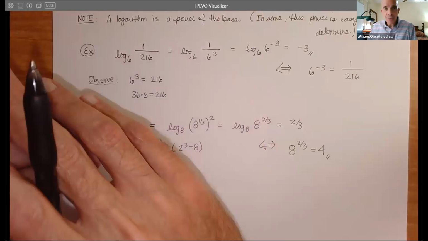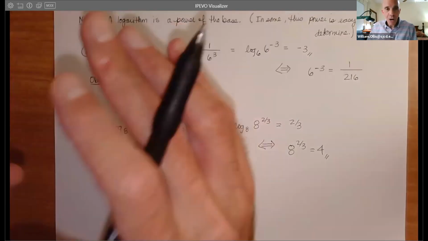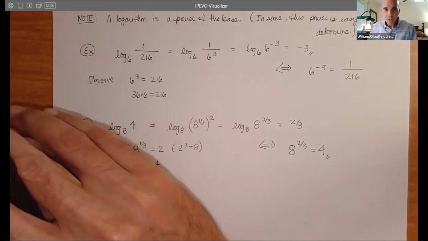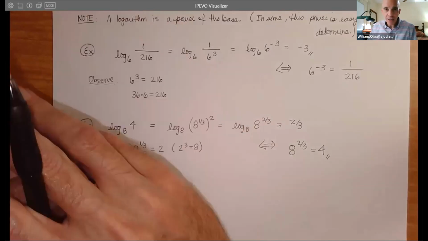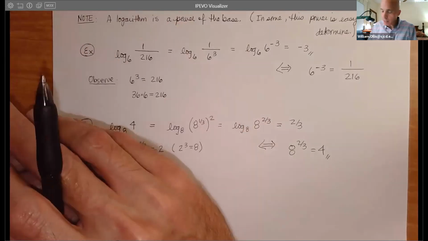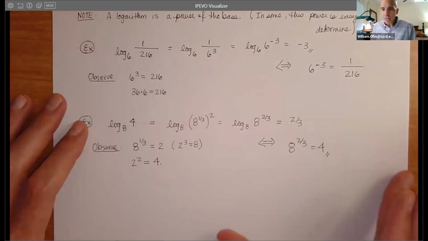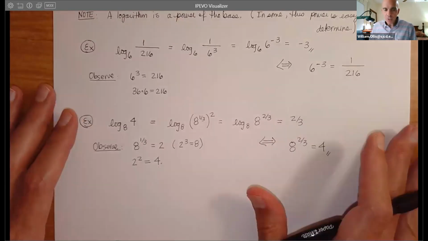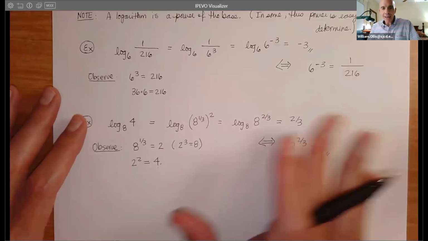So we need that, and we want our contractions to work. We want our cell phones to work. We want things to have nice domains and not domains that have a lot of holes in them, because that would make for bad electronics. So the beauty here is that we can manipulate the definition of logarithm to compute logarithms by hand.